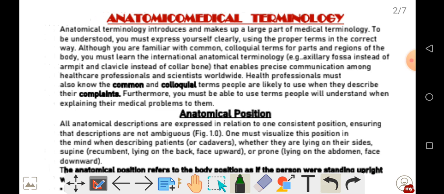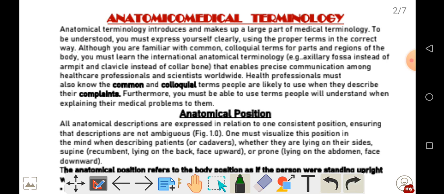You must express yourself clearly using proper terms in the correct way. This is very important as a medical professional, so that you can be understood by your patients.